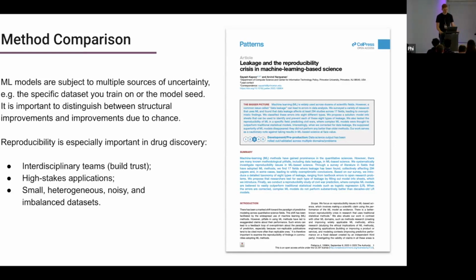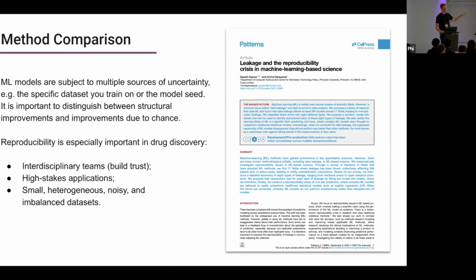That means it's important in our method comparison to verify whether what we're seeing is something that will generalize to other data sets and other model seeds, or whether it's just something that's due to chance, right? If I train 1,000 models and there is some variance in the results, chances are that I will find one that does better than existing methods. Is that really a valuable improvement? Probably not. So this is, again, something that's important.